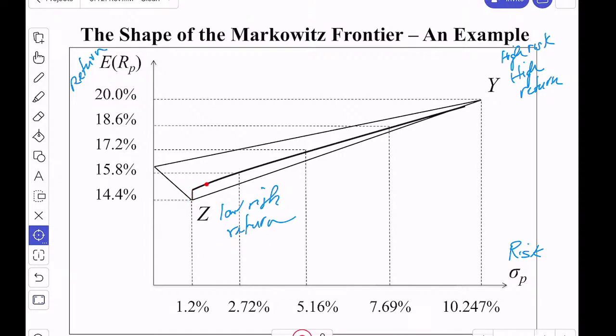It just goes higher the more risky asset Y you put in. So these are all the possible combinations of Z and Y. If they're perfectly negatively correlated, you have this happen. What is this? This is an example of the diversification effect.